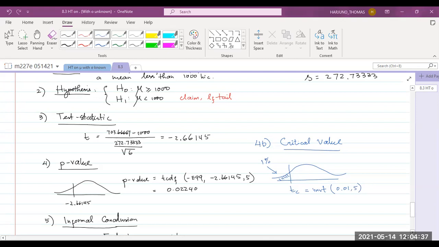Negative 3.36493. And the test statistic is only negative 2.66. So this is the test statistic here.